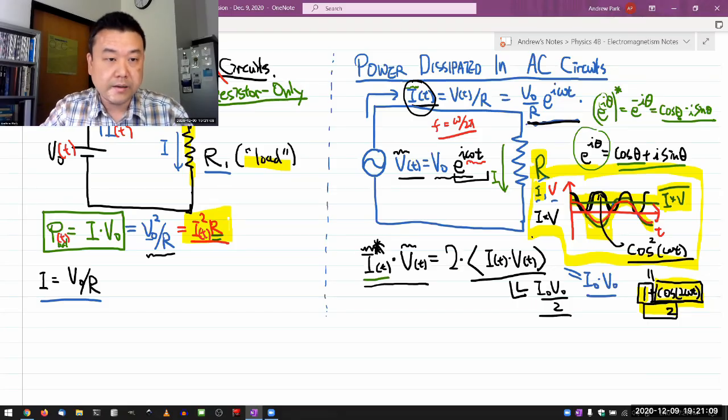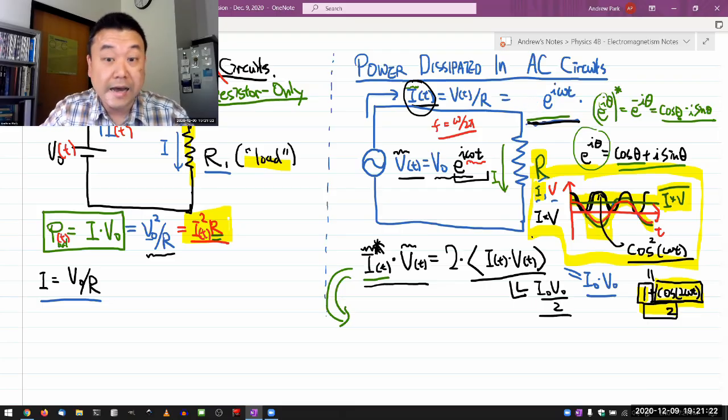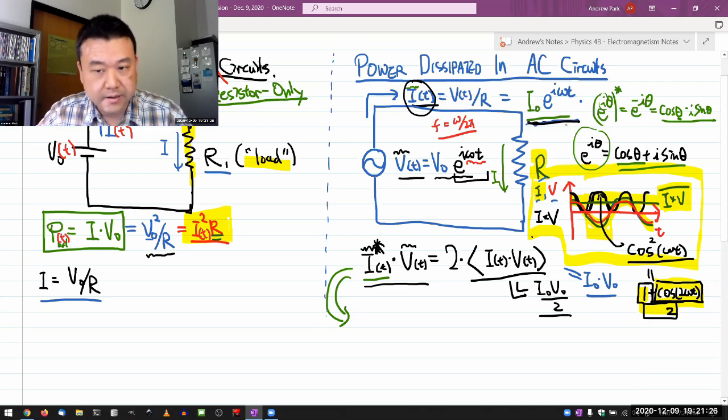Let me write this portion out explicitly. So the I complex conjugate is going to be this. Or for the sake of simplicity, let me just replace this with the I naught. I know what it is in terms of V naught and R, but let's say I naught.